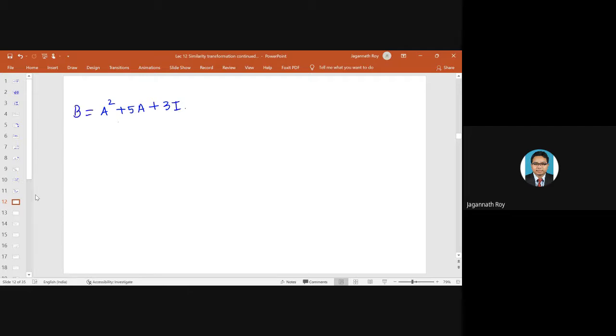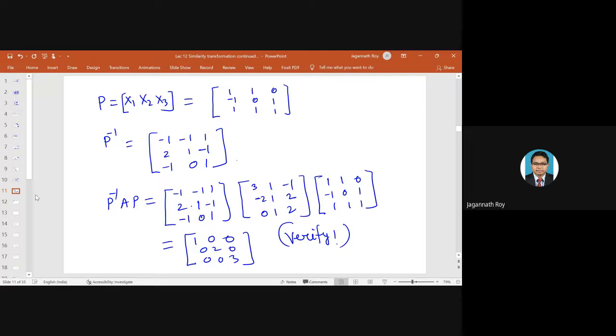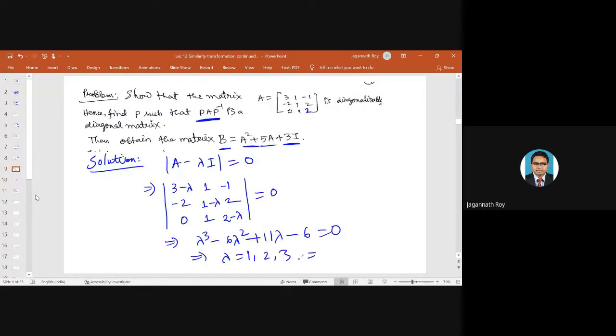So this is what is given by B. B is a matrix, or you can call it a polynomial in A. Just recall, since this is a 3 by 3 and the eigenvalues are distinct, A is diagonalizable. We can say A is diagonalizable.